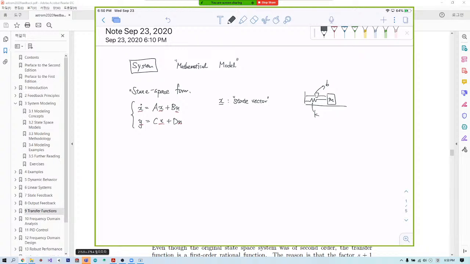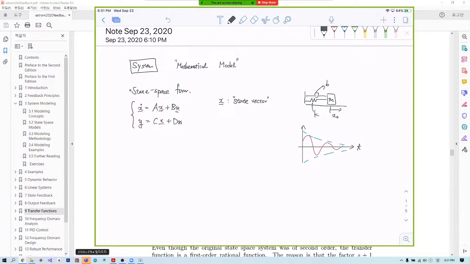If we impose some initial condition, say x naught, then the system will show behavior that will look something like this. It's gonna oscillate. The first characteristic of this plot is, one, it oscillates, and two, it decays exponentially.